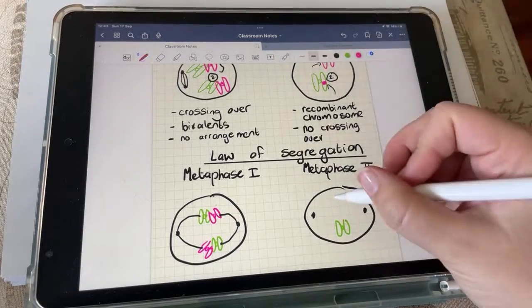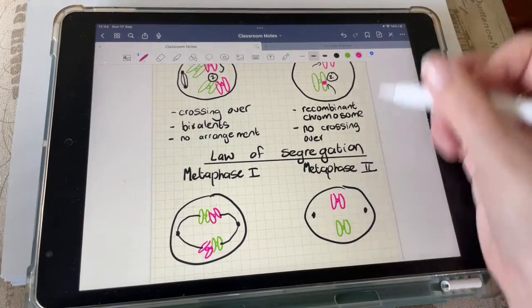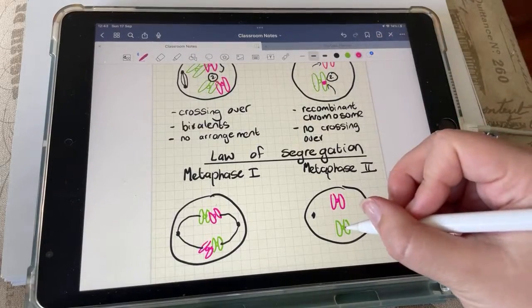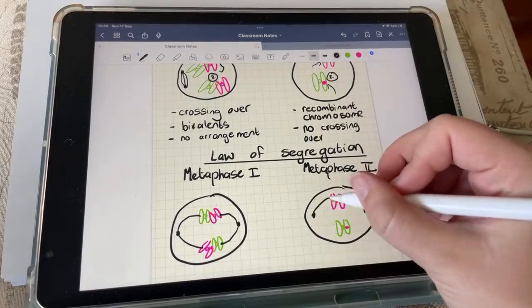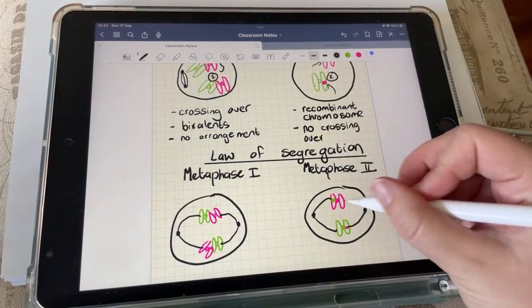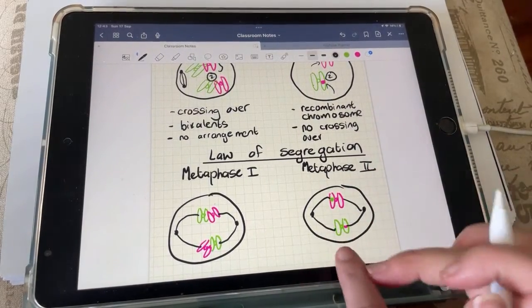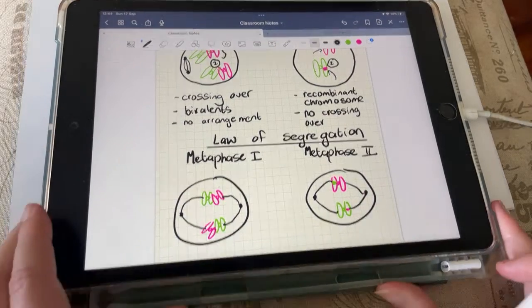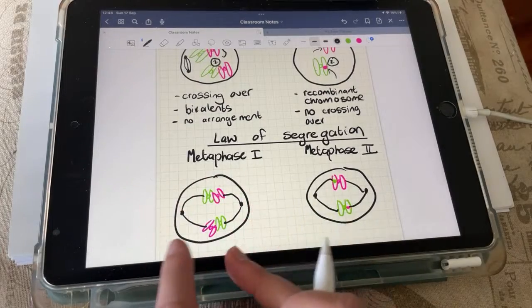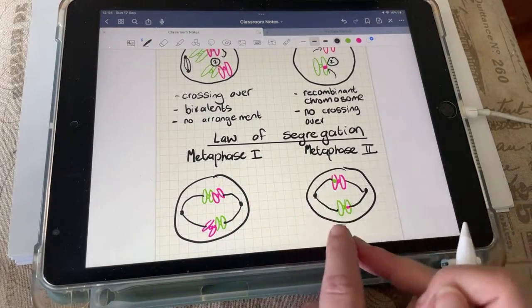You will notice that there is only one of each partnership here with their recombinant genes on them. And immediately, when you see chromosomes on their own like this and not paired up, you should know that this is metaphase 1, this is metaphase 2.